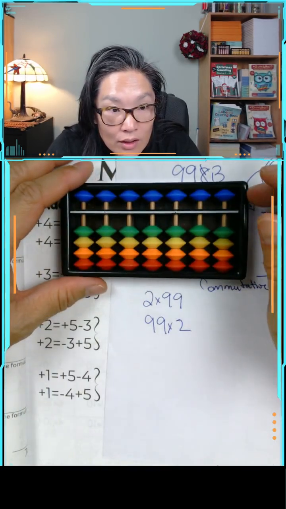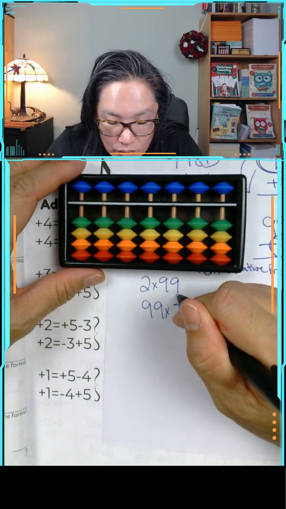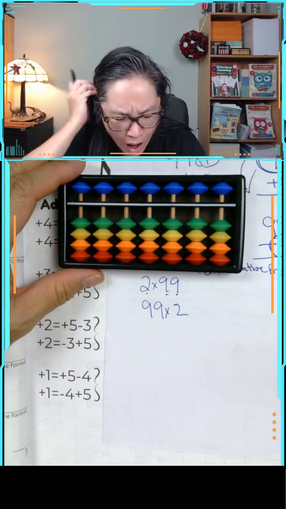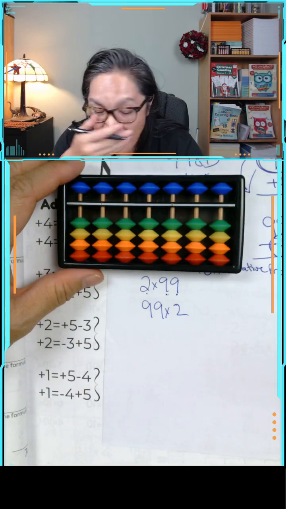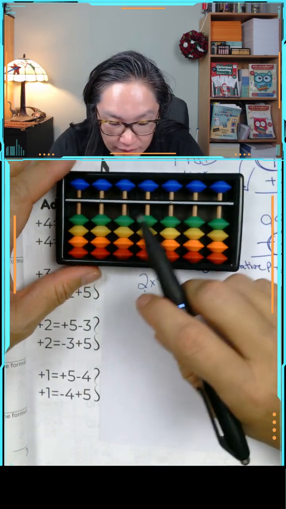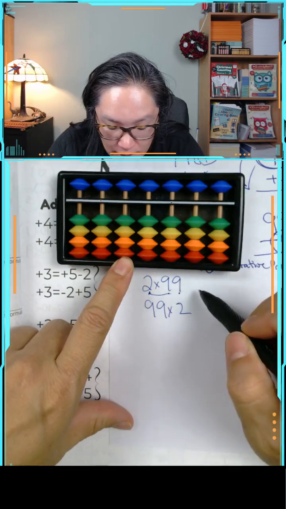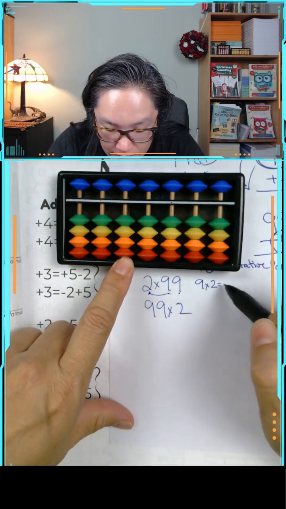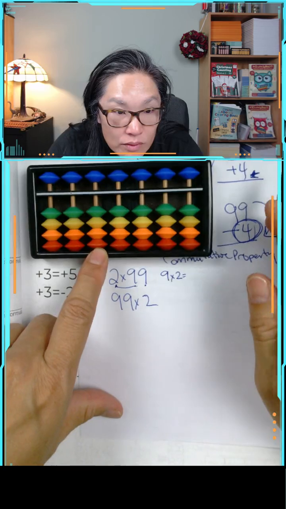I don't know. Let's see. So we're gonna count 1, 2, 3. Distributive property is 8 times 9... 9 times 2 is equal to... What's 9 times 2?